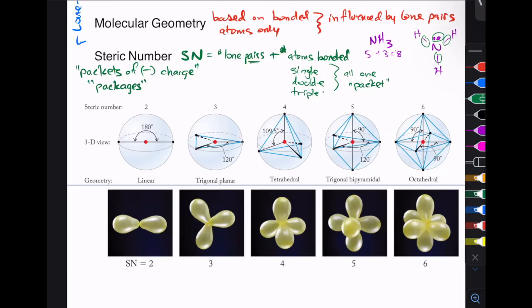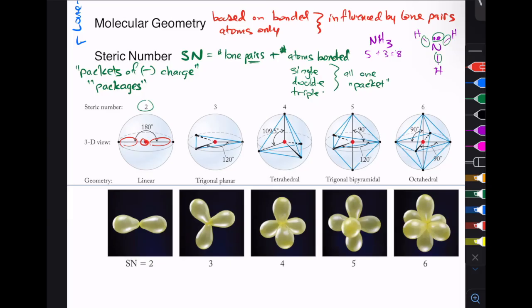So if the steric number is 2, that means you only have 2 packets of negative charge to think about. They can come from lone pairs, they can come from single bonds, double bonds, or triple bonds. It doesn't matter. But if you only have 2 packages of negative charge, those are the packages that want to get as far away from each other as possible, a linear arrangement.